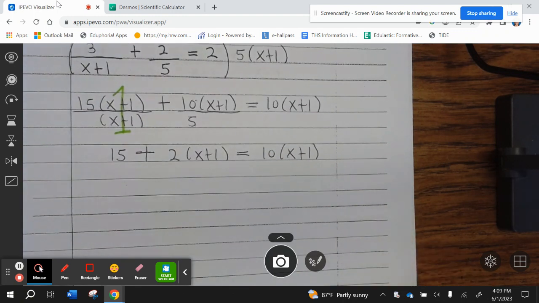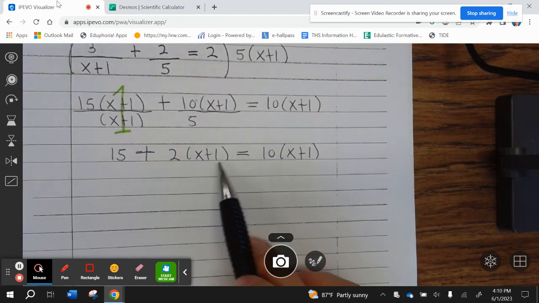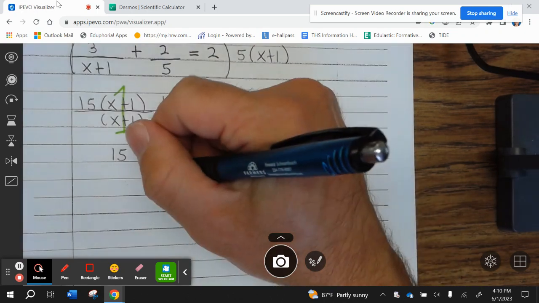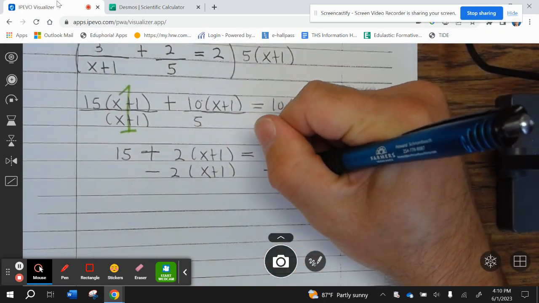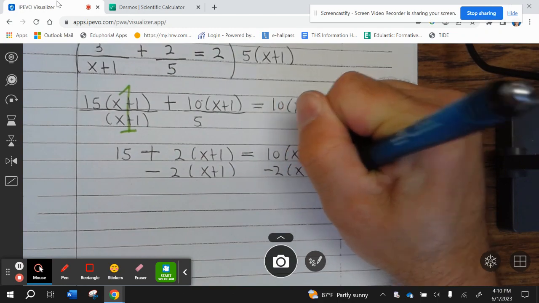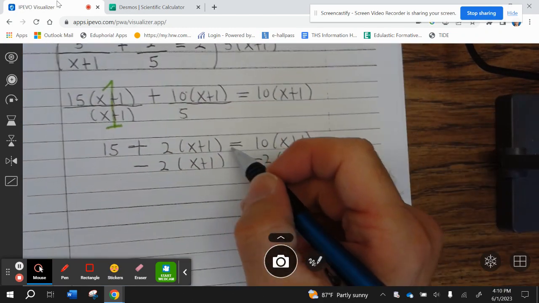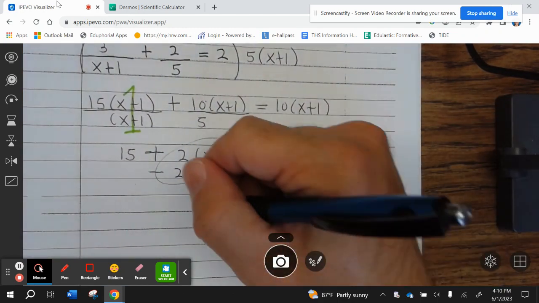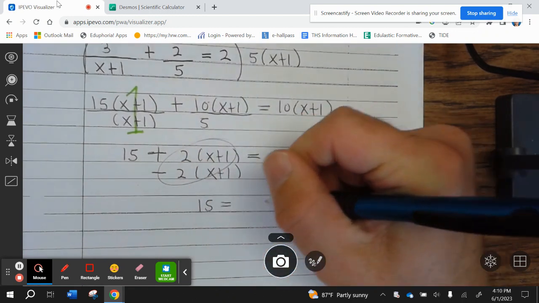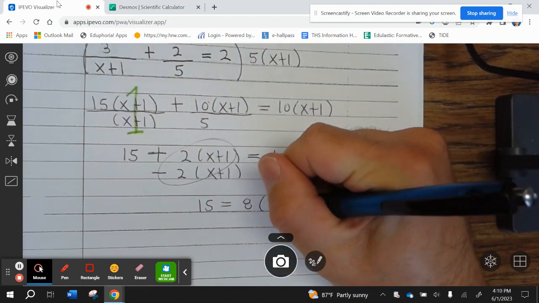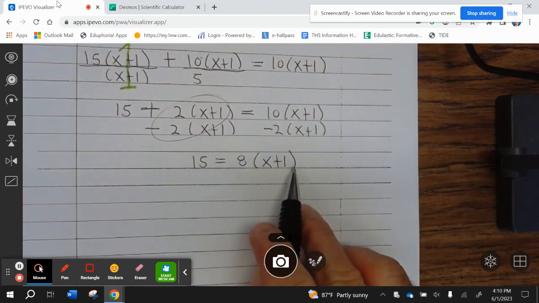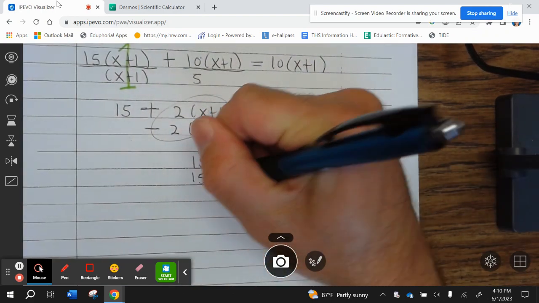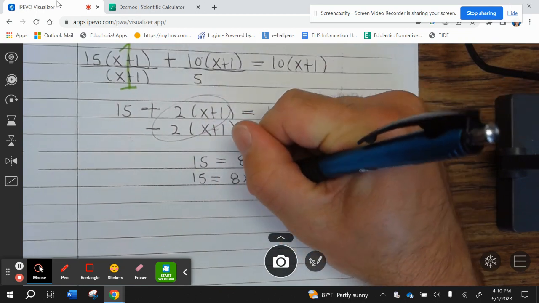Okay. Now, I have a 2 times (x plus 1) and a 10 times (x plus 1). So I'm actually going to subtract 2 times (x plus 1) from both sides. This becomes 0. You get 15 equals 8 times (x plus 1). Now we need to distribute. So that's 15 equals 8x plus 8.